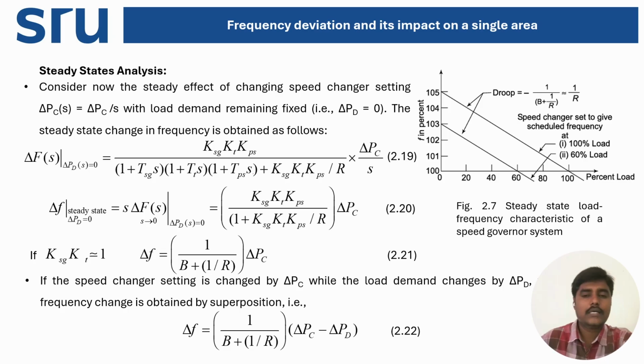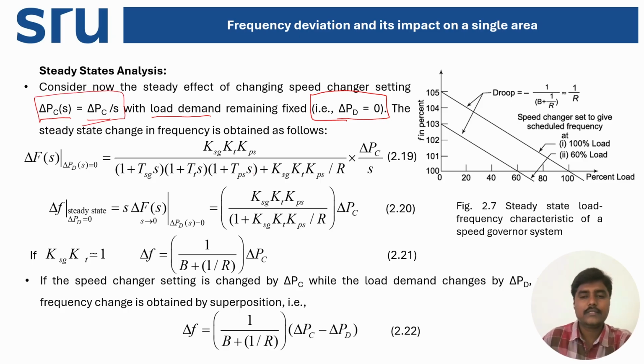Now let's consider another case, where the input is delta Pc of S, expressed as delta Pc by S, and we neglect the other input, that is delta Pd is equal to 0. Delta Pd equal to 0 means we are supplying power to a constant load and changing the speed changer setting.